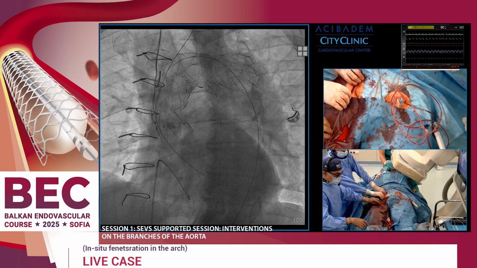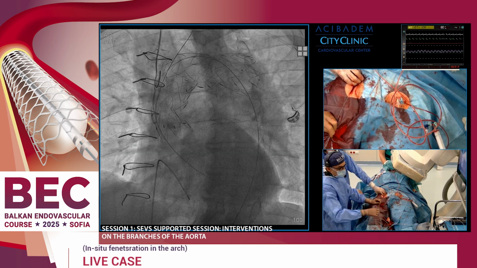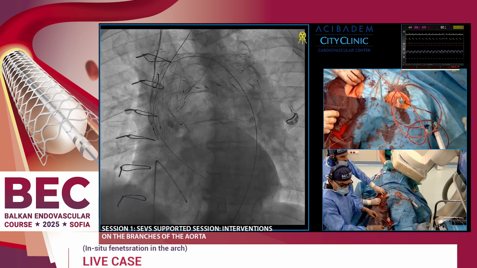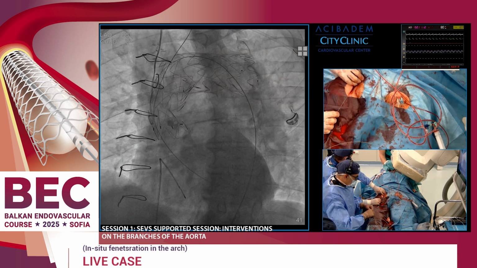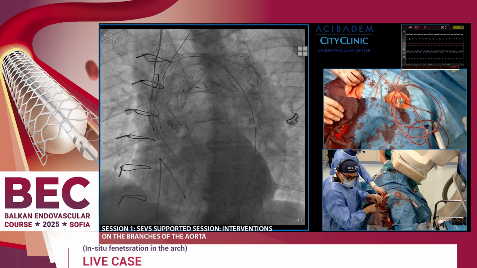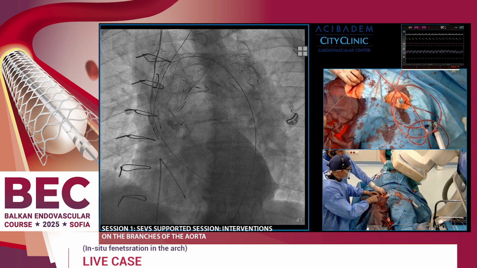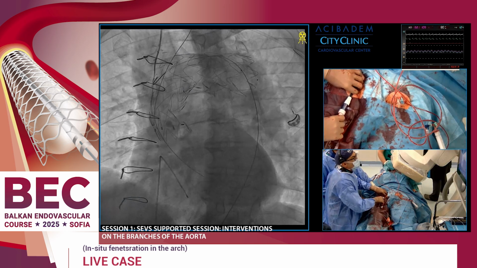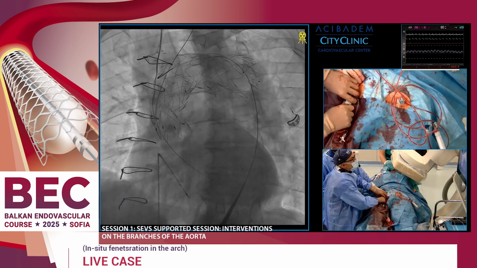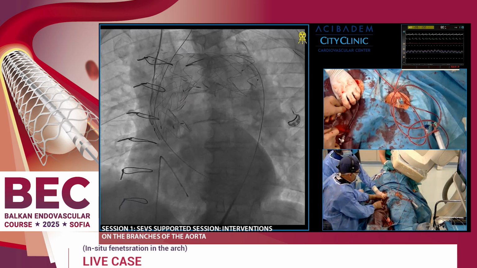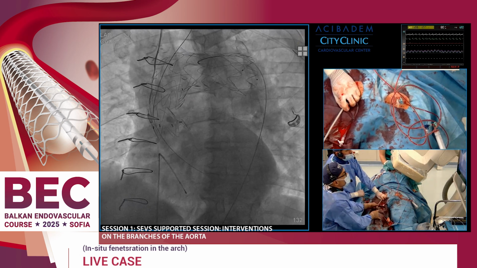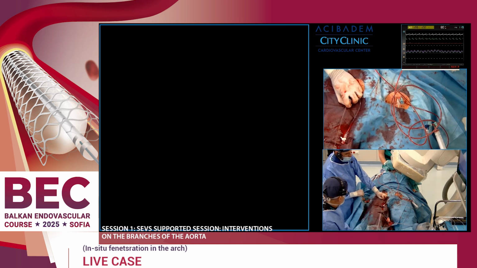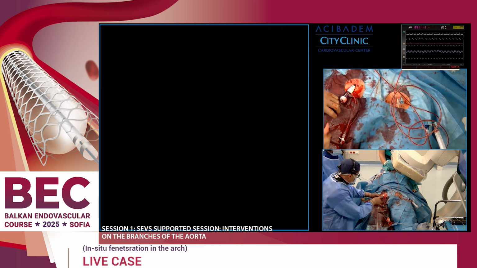You can see the almost overlapping curve of the arterial pressure in the covered brain vessels and the systemic. Okay, good.